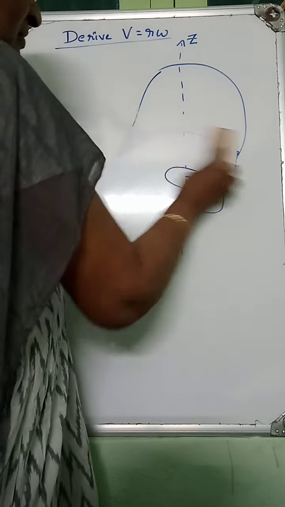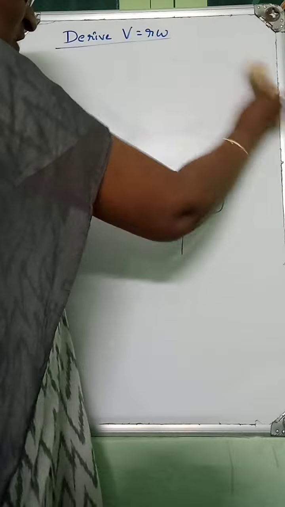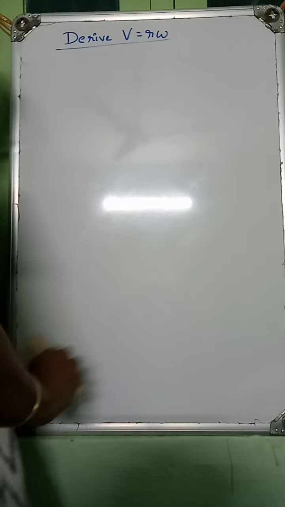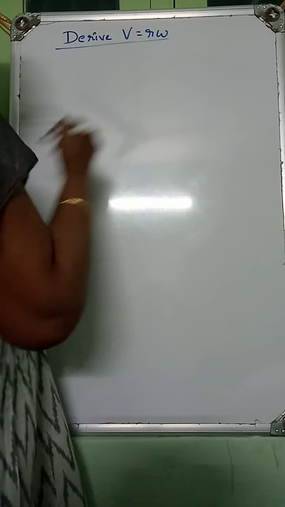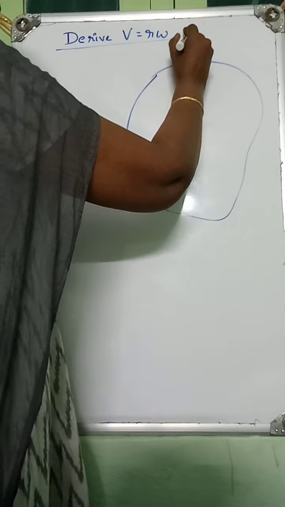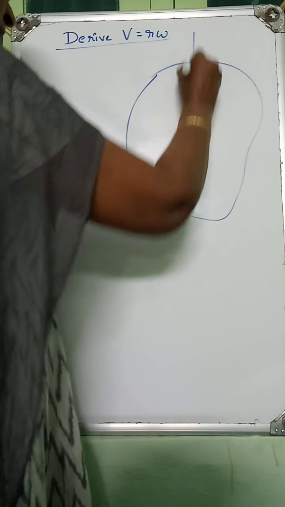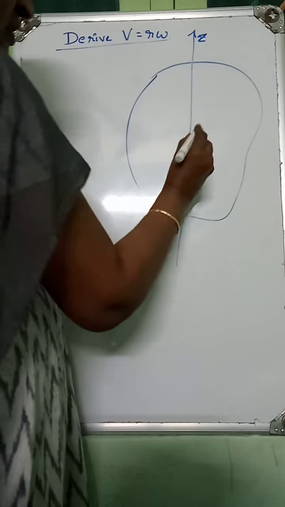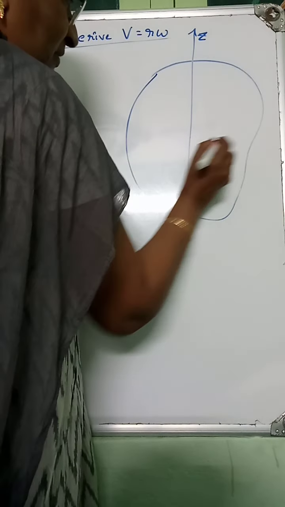Here, consider an object rotating about an axis. For our convenience, the axis of rotation can be considered as the z-axis. This may be the axis of rotation. Consider a particle of mass m here.